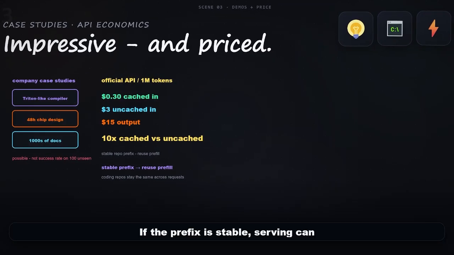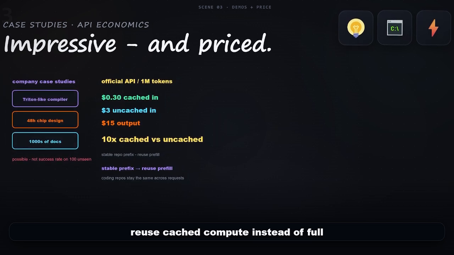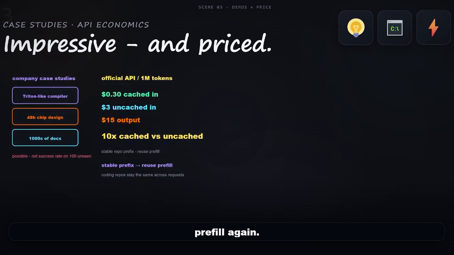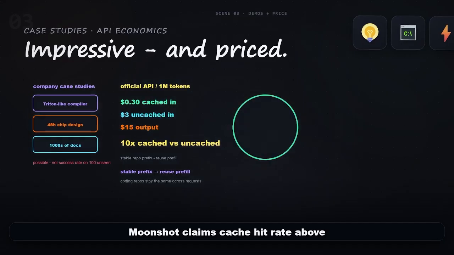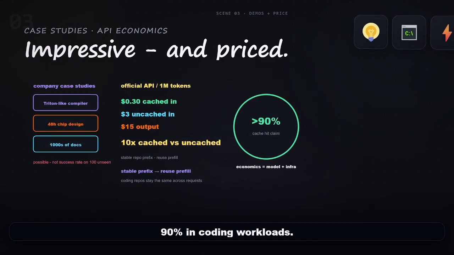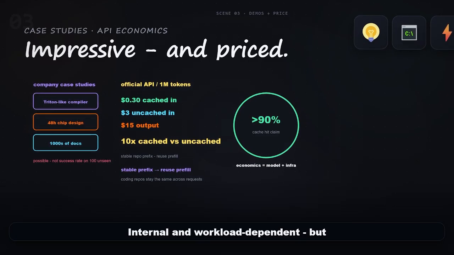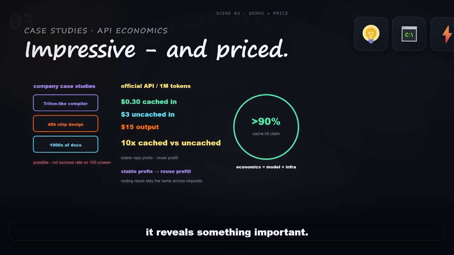If the prefix remains stable, the serving system can reuse cached computation instead of repeating the entire prefill stage. Moonshot claims its own API reaches a cache hit rate above 90% in coding workloads. That is an internal workload-dependent claim, but it reveals something important.